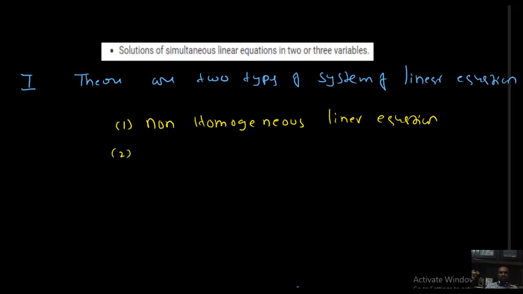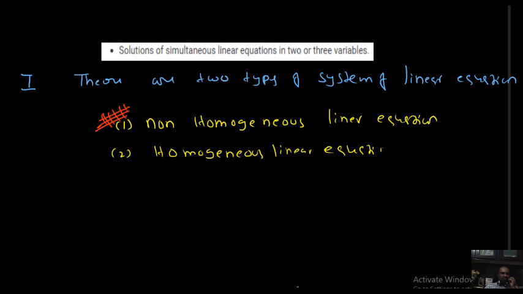Second one is homogeneous equations. So students, first of all we need to complete this part. After completion of this part only we'll start homogeneous. Just now I explained the standard form of non-homogeneous linear equations, with 2 variables and 3 variables.